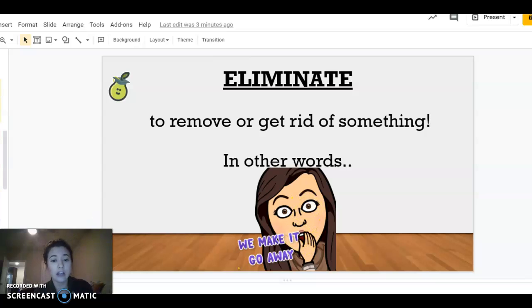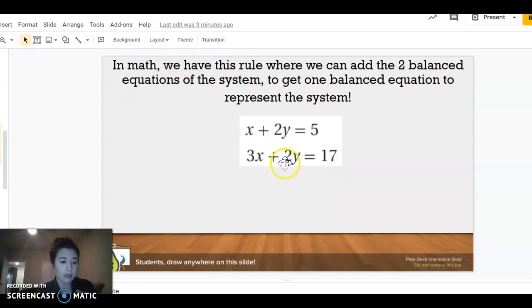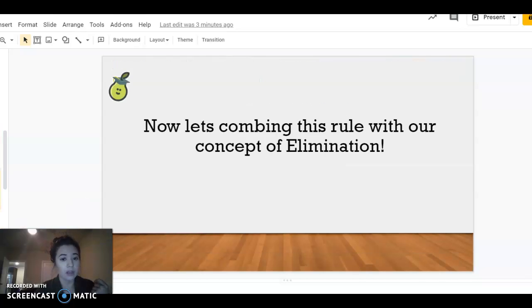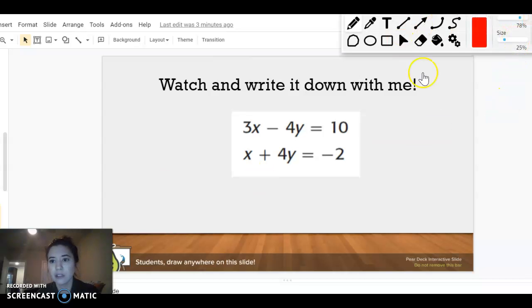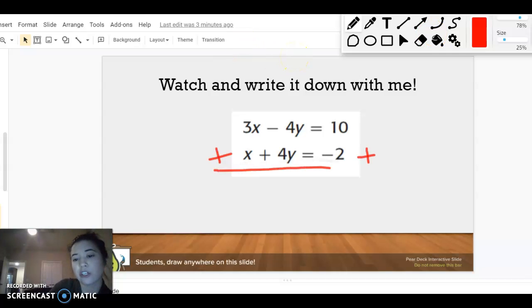So we can use this idea of eliminate with this idea of adding two equations together. I'll model two of them, and then we'll go into our notes. So again, I'm going to add both sides of my equation. 3x plus x gives me 4 total x's.